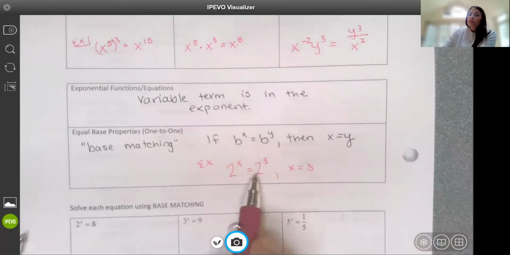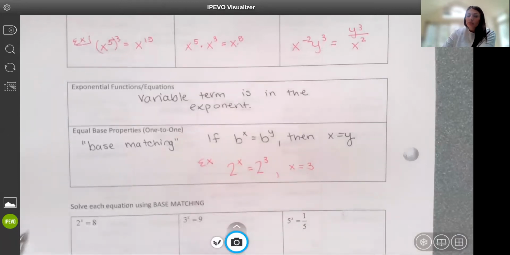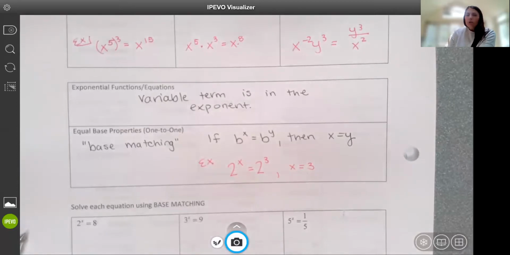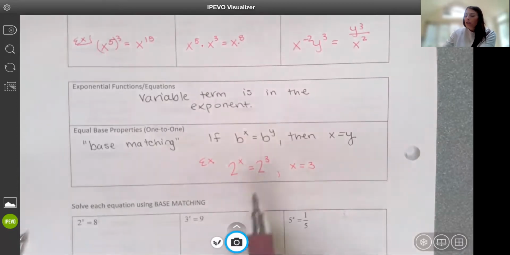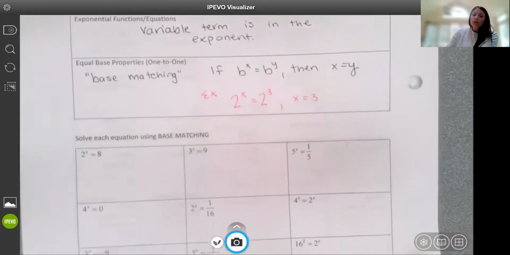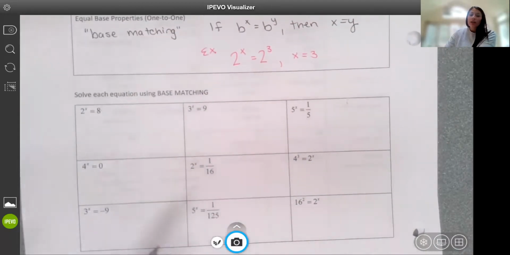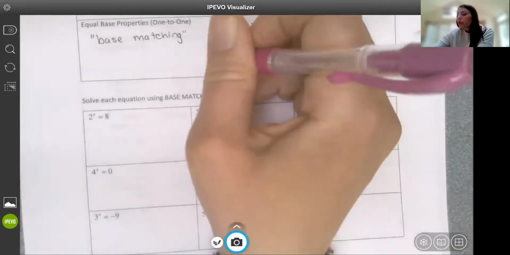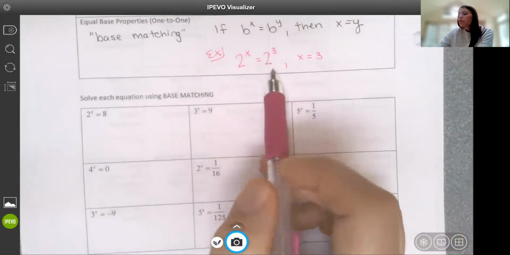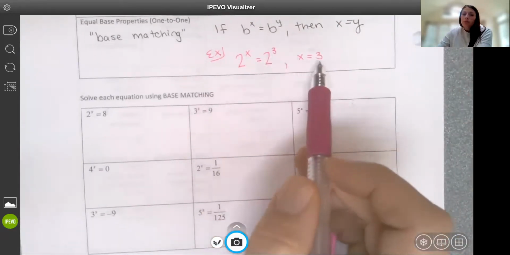If 2 to the x equals 2 cubed, then this has to also be a 3. So there'd be 8 equals 8 on both sides. Okay. Now the equations that we're looking at are not going to be quite as direct as this. But our first example looks very similar to that that I just wrote up above here. So 2 to the x equals 2 cubed. Well, okay, well then x equals 3.